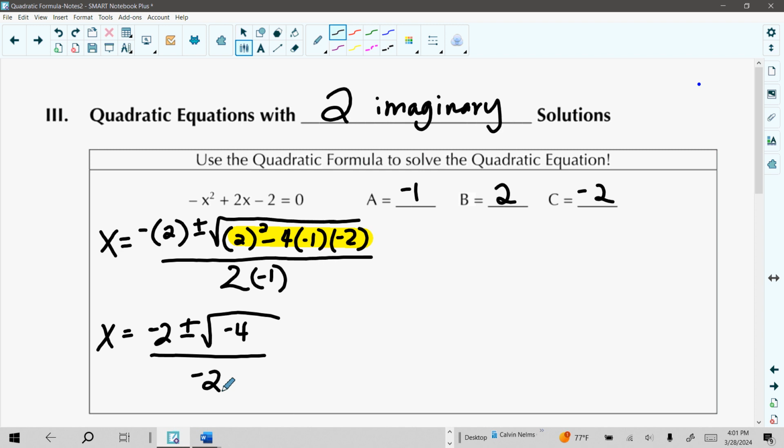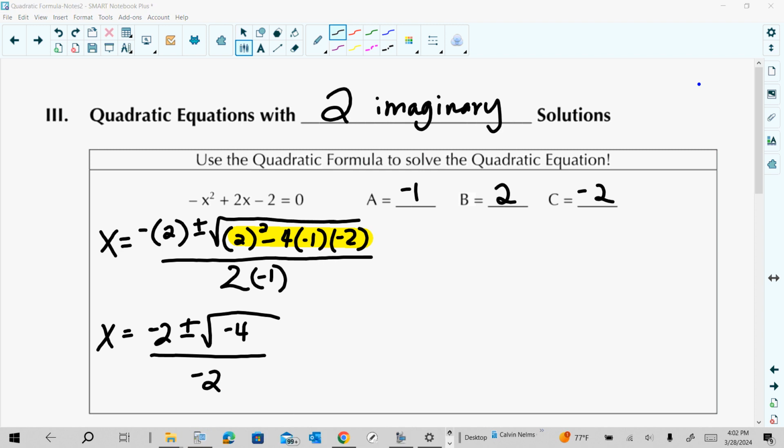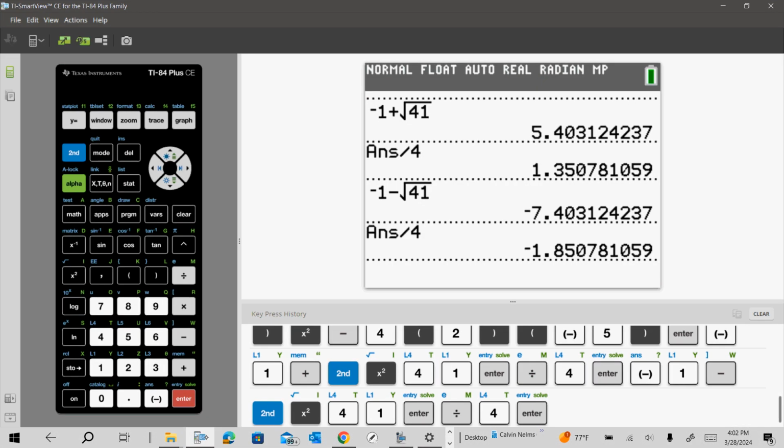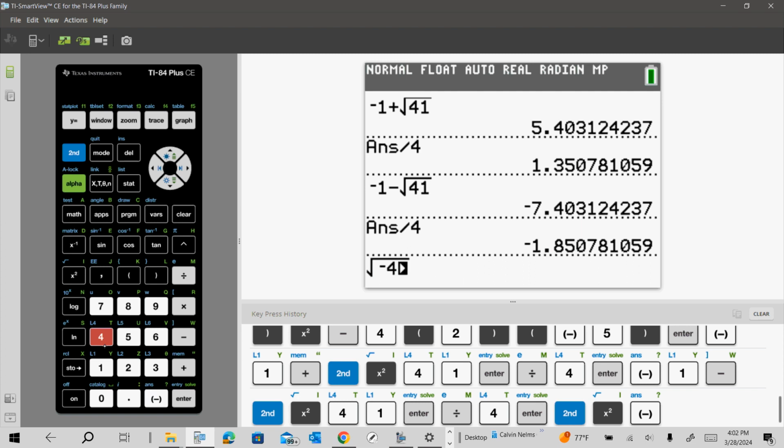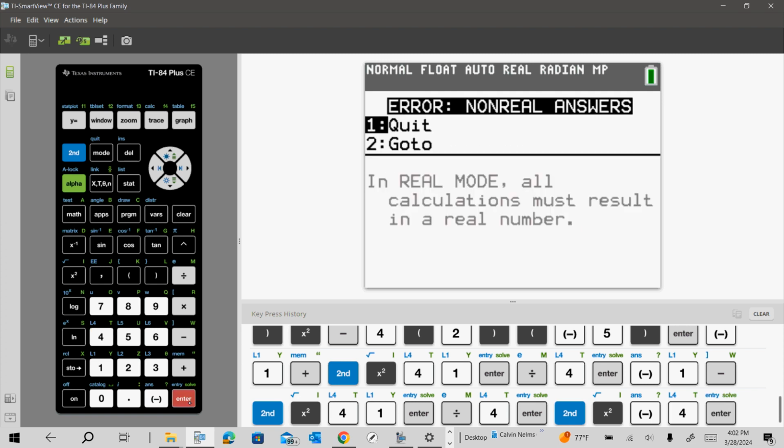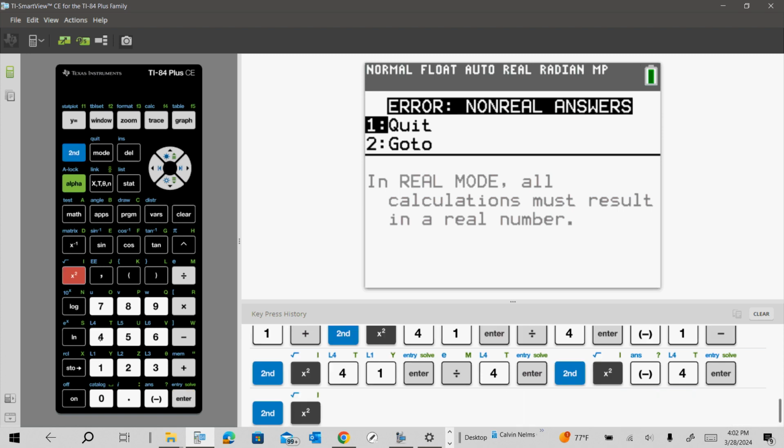What I was getting at is that if you put the square root of any negative in your calculator, you get an error saying there's no real answer. It's not a real number. It's what we call an imaginary number. So I tell students to take the square root like you normally would, as if it was positive. Okay.